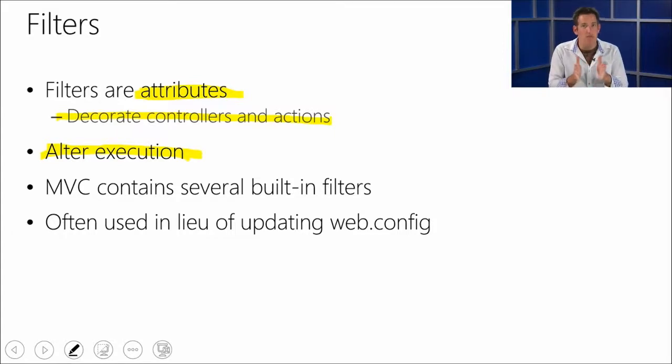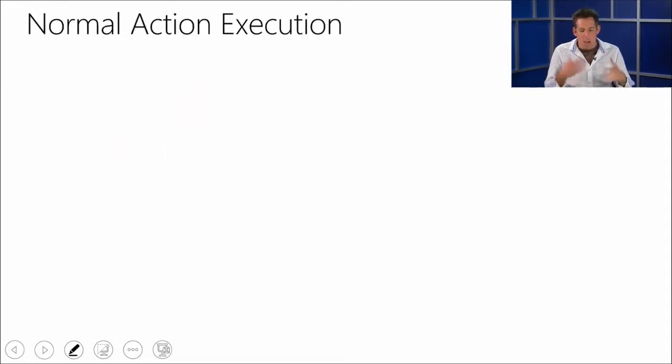And so because the URL could change, whatever we put into the web.config could be obsolete tomorrow. So by decorating the action with an attribute, regardless of what happens to that action, regardless of where it's moved to, as long as we keep the attribute on top of it, then we know that it will always work.